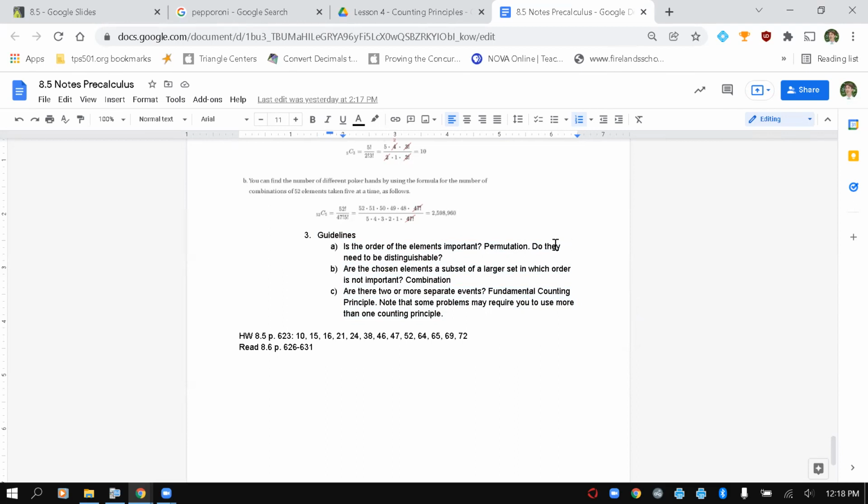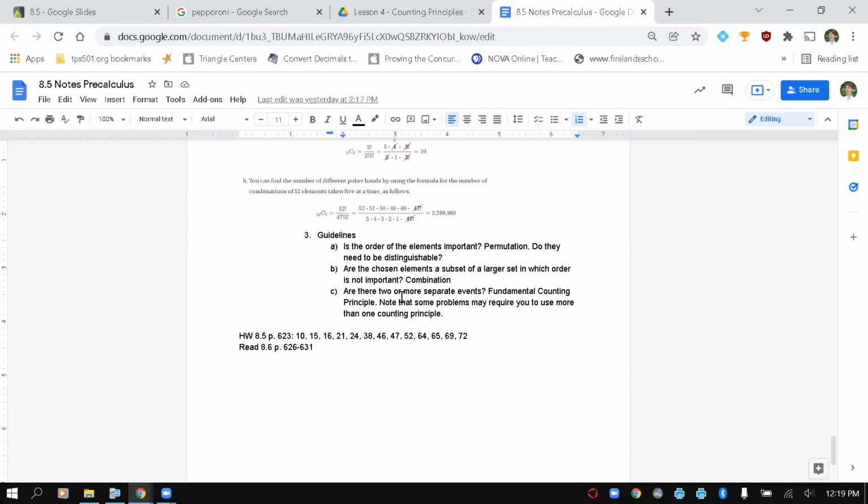Do they need to be distinguishable? Do you have duplicate elements and it matters if those are in a different order? Then you might have to divide by how many duplicate elements you have. If not, and the order doesn't matter, then you will do a combination.